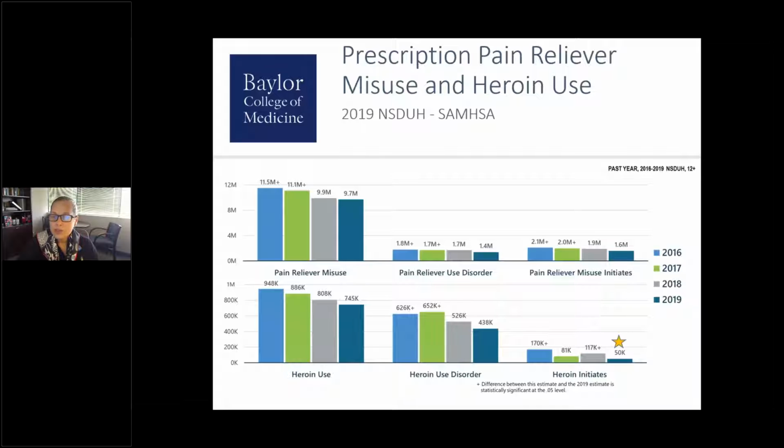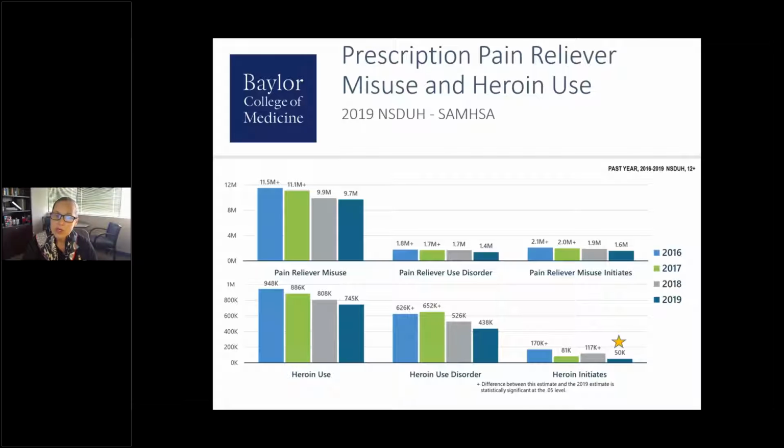So you can see these trends look positive. We see decreases in pain reliever misuse, stepping down since 2016, and a steady decline in pain reliever use disorder. So a formal diagnosis of an opiate use disorder and starting to misuse pain relievers has declined most significantly from 2018 to 2019, just before the pandemic.